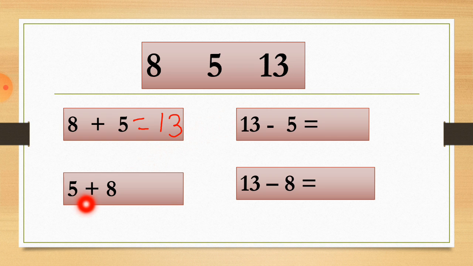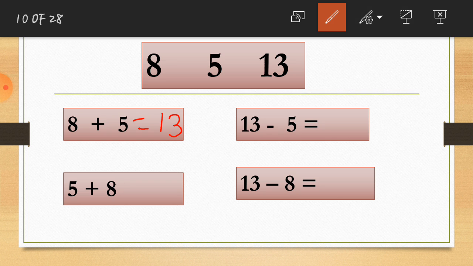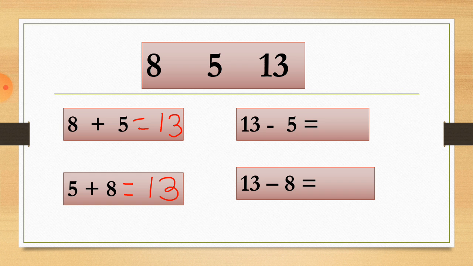Let's move to this column. Here is 5 plus 8, equal to how much? 5 plus 8 is equal to 13. So here I write the number 13, which is the answer. So this is the way. You can see, again we get this family number here. I just swap the digits. Here is 8 first and here is 5 first.